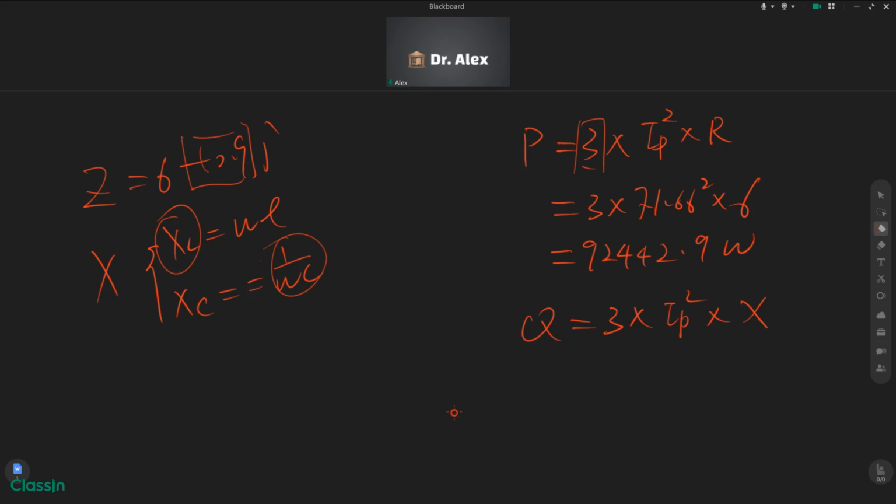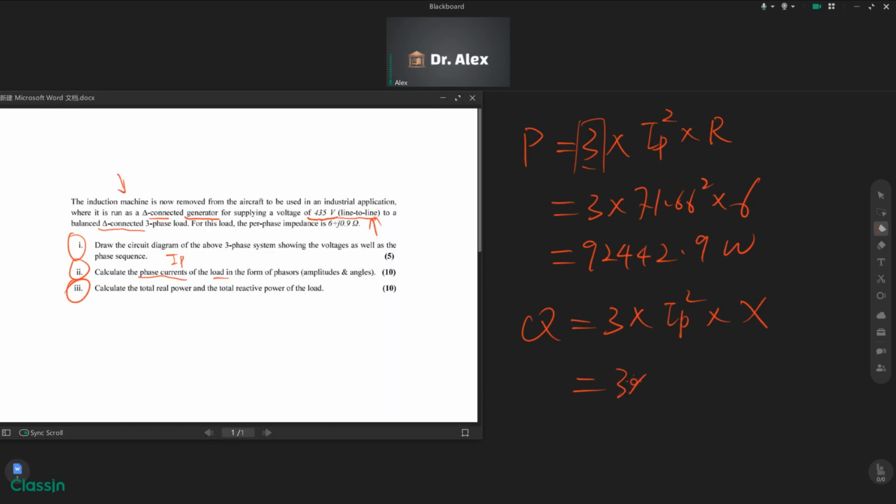Now we can go back to our question and calculate this with 0.9, which gives 1386.4 VAR. Be aware of the units for real power and reactive power.